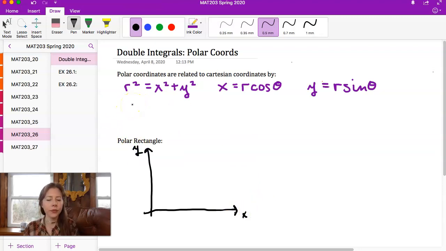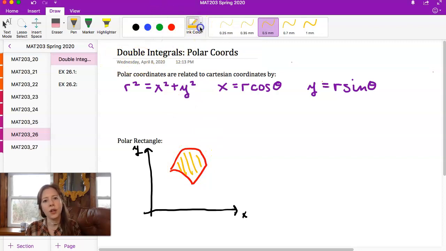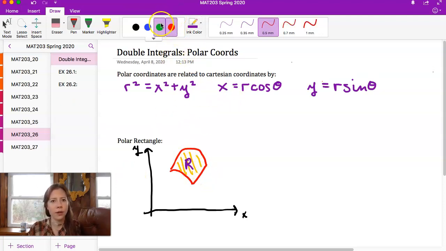What we're going to do is set up our polar rectangle, and we are going to call this shaded region R. And so let's work out what these limits are. So let us start with this lower piece right here, this lower limit.